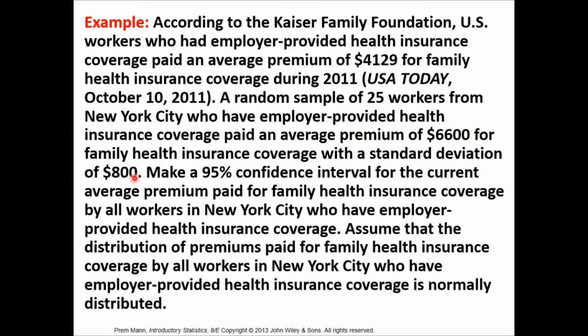And the question is about estimating the population average of the health insurance coverage. The question says make a 95% confidence interval for the current average premium paid for family health insurance coverage by all workers in New York City who have employer-provided health insurance coverage.